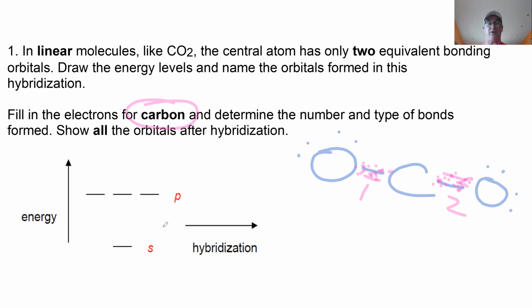So for an unhybridized atom, how would I fill in my 4 electrons for carbon here? Here I've got 2s and 2p. Where do my 4 electrons for an unhybridized carbon go?